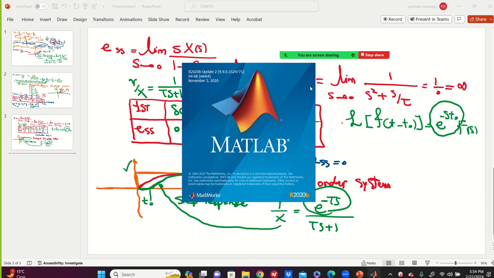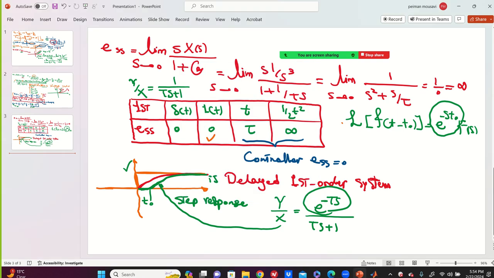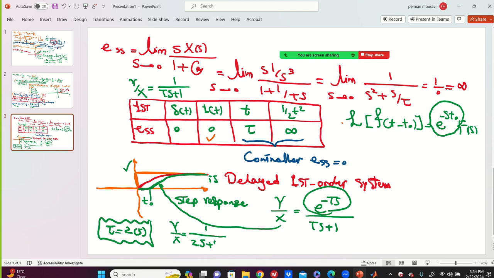For example, when I'm going to Simulink, guys, I'm going to say that tau is just a number. Time constant is 2 seconds, because we cannot go with symbols in Simulink and MATLAB. So your closed loop transfer function is going to be 1 over 2s plus 1.